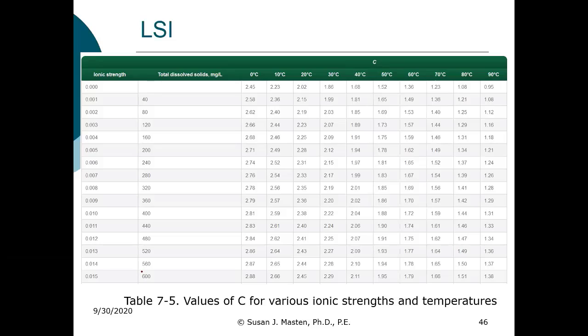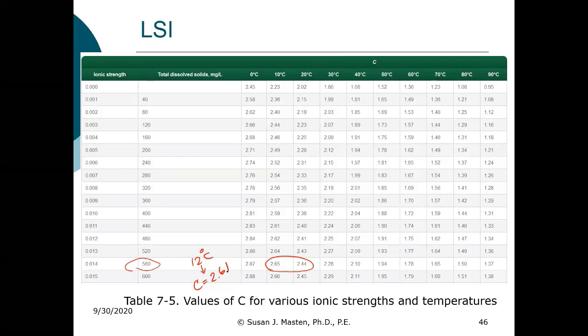So we have a total dissolved solids of 560, and we're told that we have a temperature of 12 degrees. So it's between 2.65 and 2.55. If we interpolate between that, what we find is at 12 degrees, the C value is equal to 2.61.